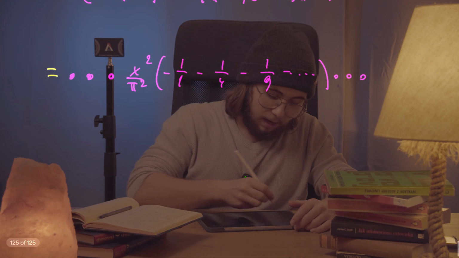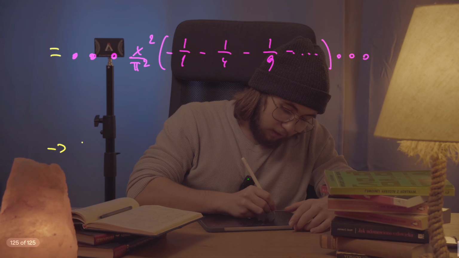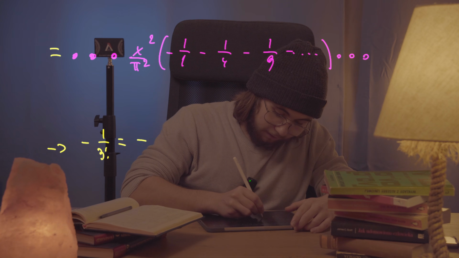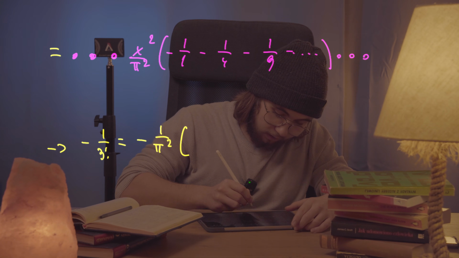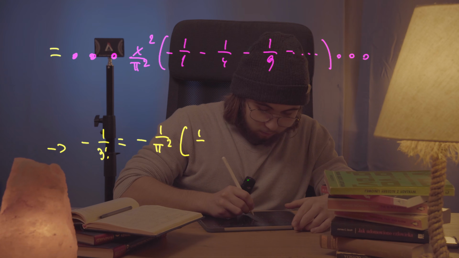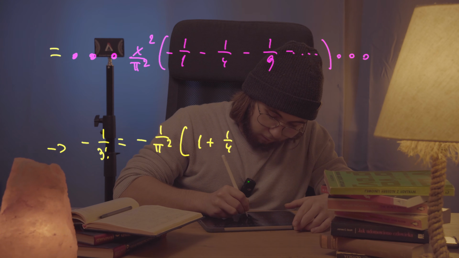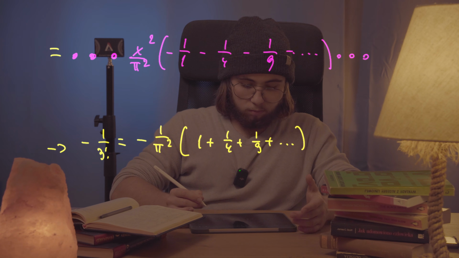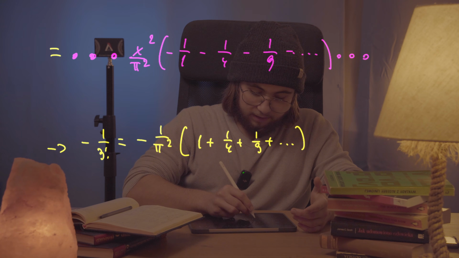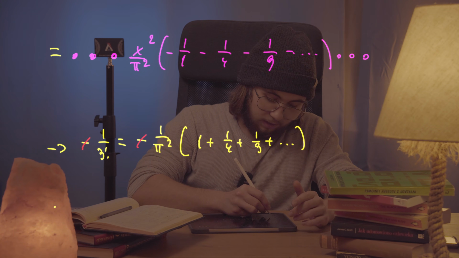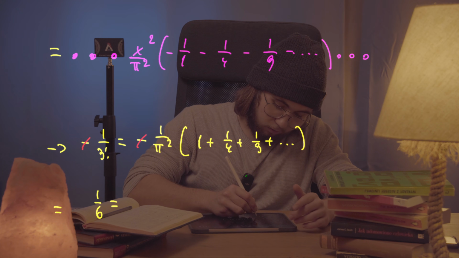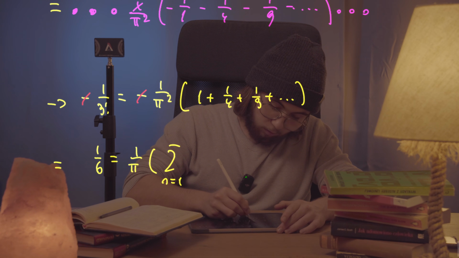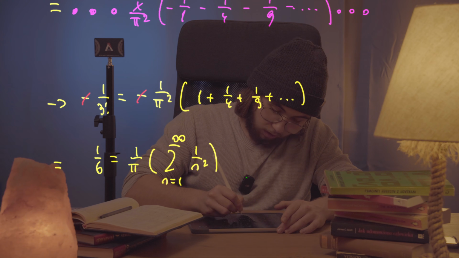And so what we will get after noticing all of that is that negative 1 over 3 factorial is going to be equal to negative 1 over pi squared times 1 plus a fourth plus a ninth plus all the way up to infinity. Now let's cancel out those negative terms on both sides of this equation, getting that 1 over 6 is equal to 1 over pi squared times the sum as n goes from 1 to infinity of 1 over n squared.